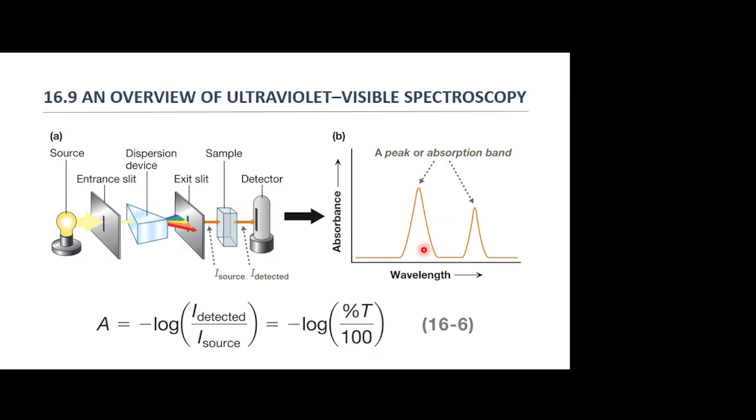GCMS, is that destructive or non-destructive? Destructive. I actually have to take my sample, inject it in, and then I literally fraction it. I literally pass it in a beam of electrons, so it's going to destroy it. If you take a painting and do the GCMS, you actually take the corner of the painting that's hidden by the frame, and you take a little solvent and take up a sample and put that in the GCMS.